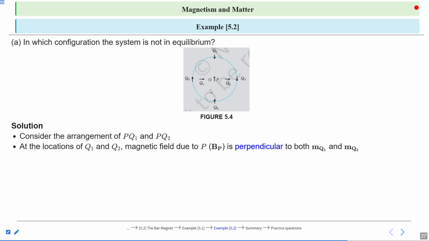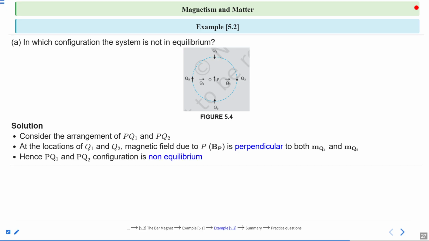That arrow is showing the direction of the magnetic moments. Hence PQ1 and PQ2 configurations are non-equilibrium, because the angle between the magnetic moment and magnetic field is 90 degrees, which means U will be 0, and that is a non-equilibrium condition.